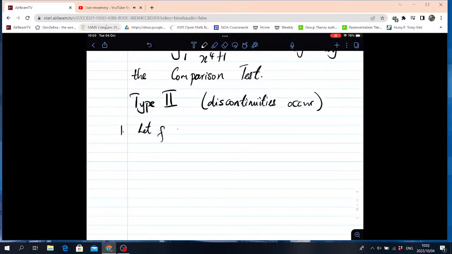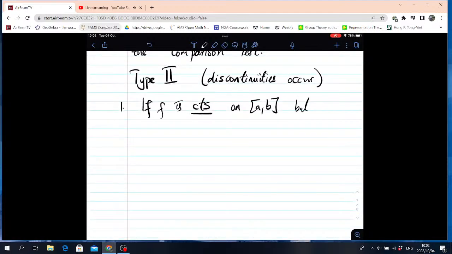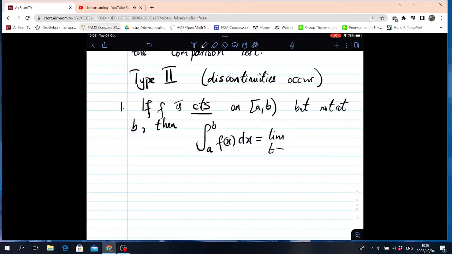If f is continuous on [a, b) — a closed interval at a but open at b, so it's continuous everywhere else except at b — then we can say the integral from a to b of f of x dx is going to be the limit as t tends to b from the left of the integral from a to t of f of x dx.